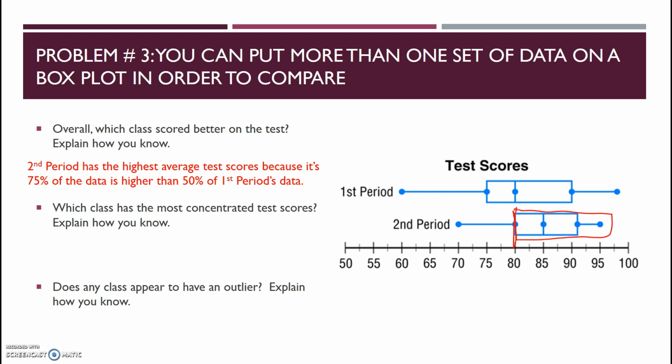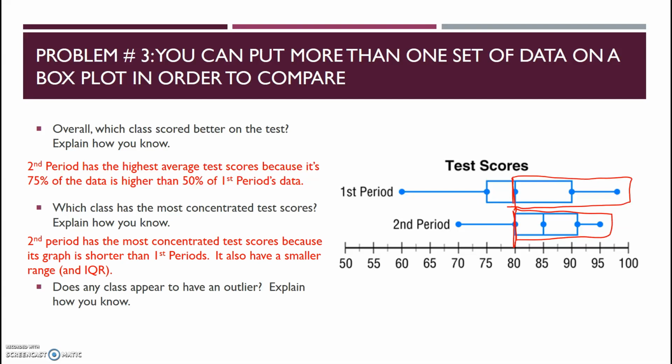Its upper 75% of the data is higher than 50% of period 1's data. Which class has the most concentrated test scores? Well, we would say second period has the most concentrated test scores because its graph is shorter than first period's, and also it has a smaller range.